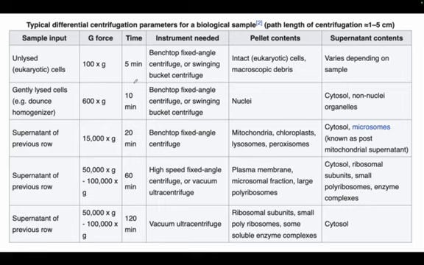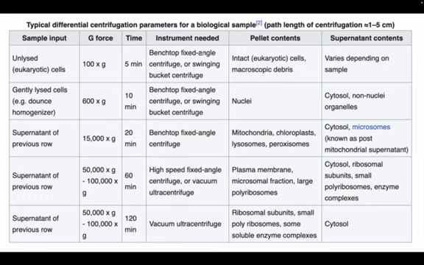So here you can see typical centrifugation parameters for a biological sample with the radius of about 5 centimeters. So for unlysed cells and for nuclei, we can work at relatively small values of G. These are things we can do in a benchtop centrifuge.